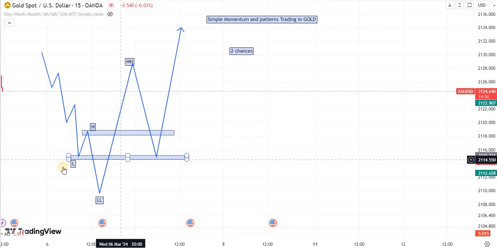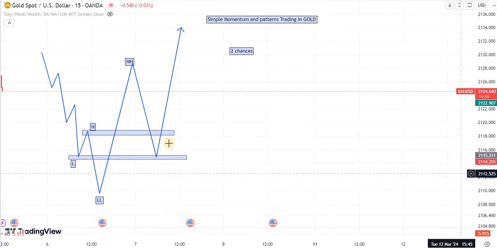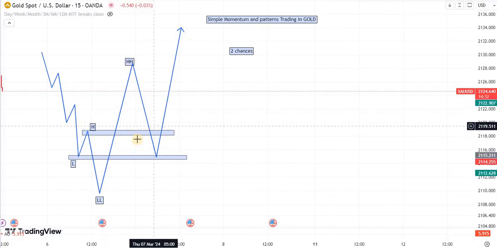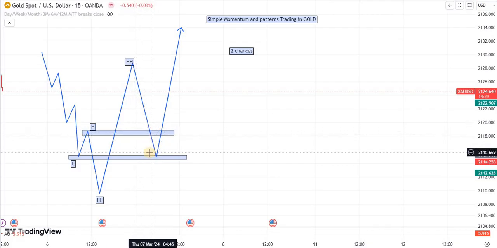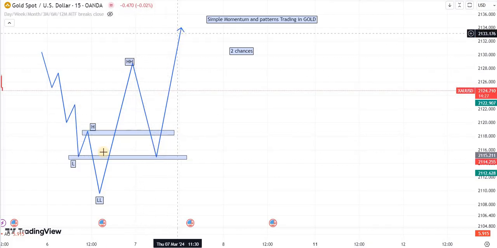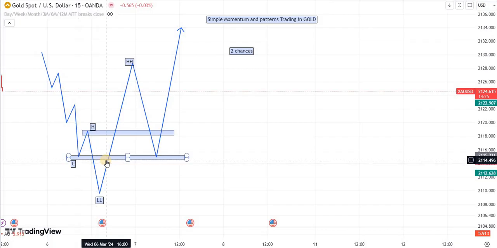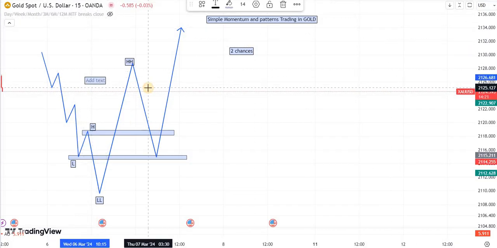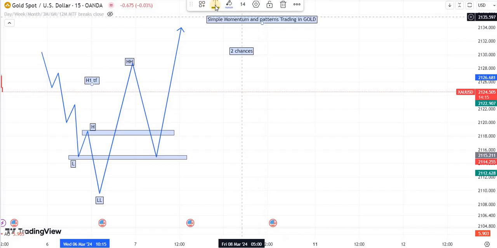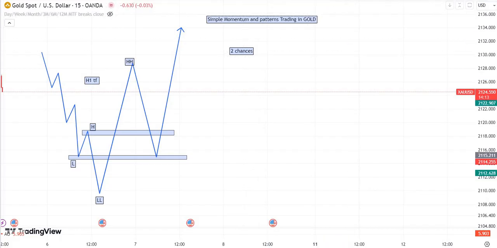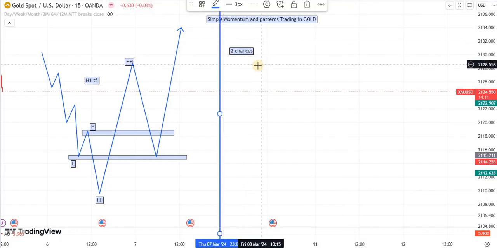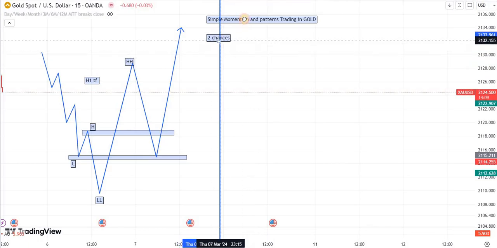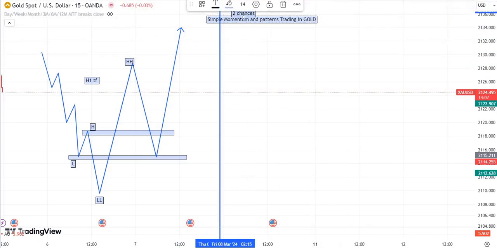Most probably, the market will go from this zone. There are major chances it will deceive you over here, and it will go up from this particular low. Let's assume that this is an H1 time frame.